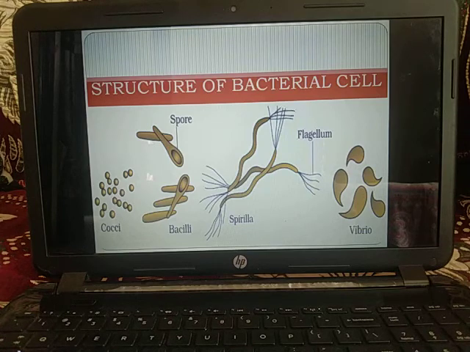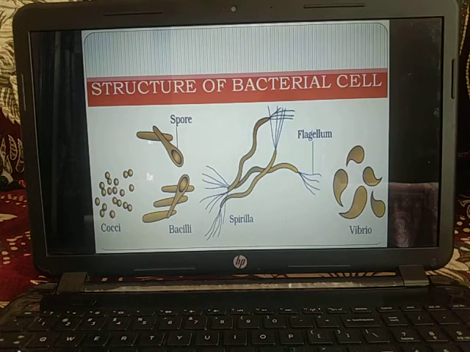Lophotrichous, where a tuft or group of flagella is found at only one end. Next we have Cephalotrichous, where a tuft or group of flagella occurs at each of the two ends or poles. The term Amphitrichous is also used for this condition. Next we have Peritrichous, where a number of flagella are distributed all over the surface. So these are about the bacteria.